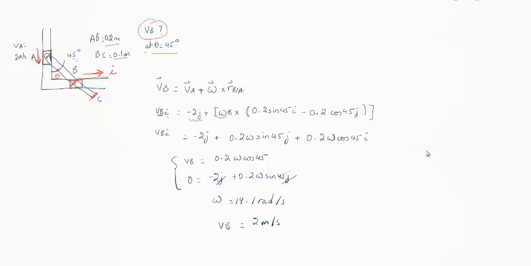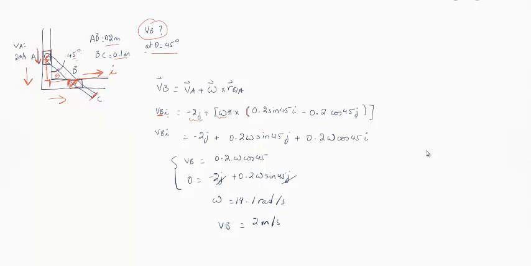Now RBA, we go from A to B, so we have 0.2 sine 45 I, which is this distance from here to here, and that's positive because it's this way, and then minus 0.2 cosine 45 J. This is from here to here.